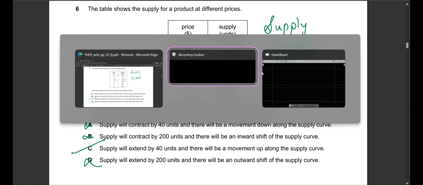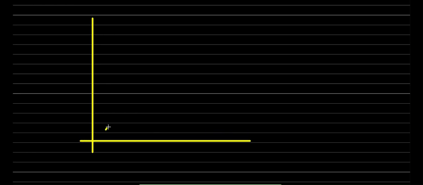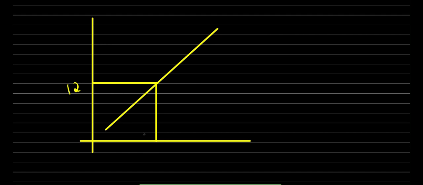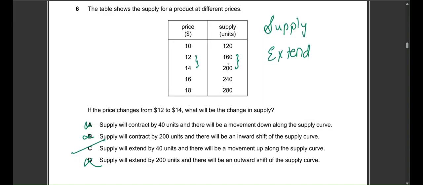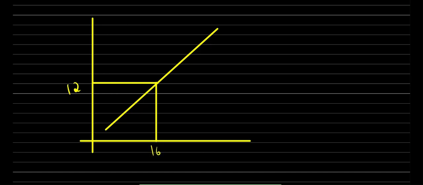I'll just brief you about this. If you can see my diagram over here, the supply curve is always upward sloping. Suppose this price is 12 and the quantity supplied was 160 units.